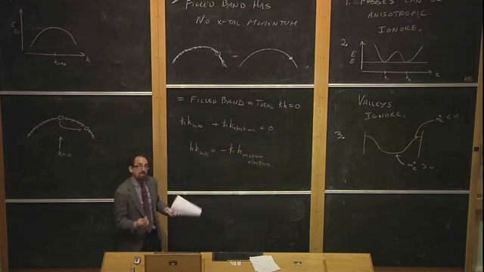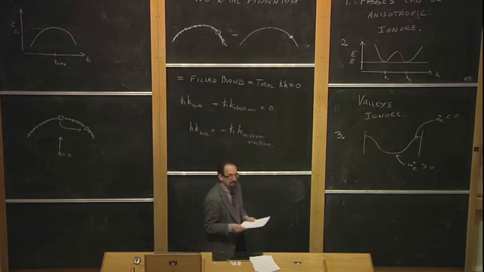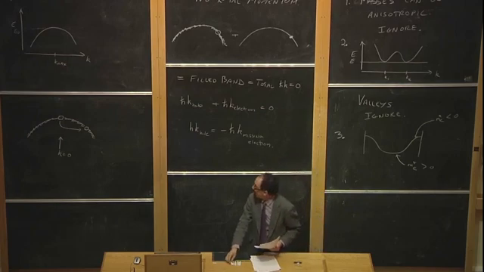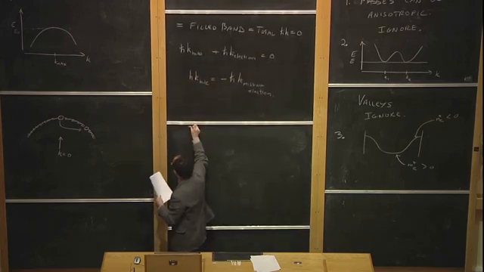Okay? So that's a good way to keep track of what the momentum of a hole should be. There's one of these confusing minus signs. Now let's think about, given this, what the velocity is of a hole at the top of the band.